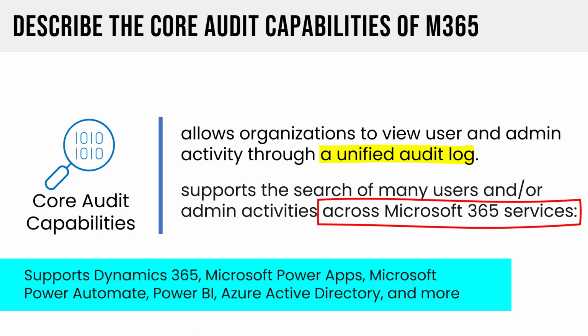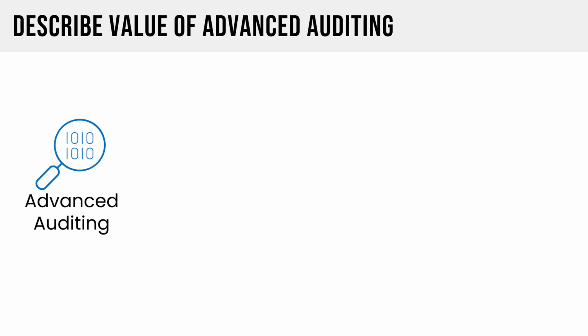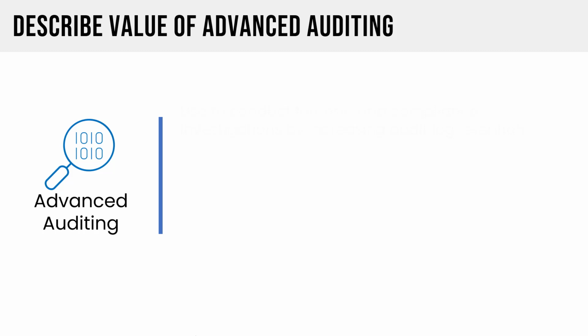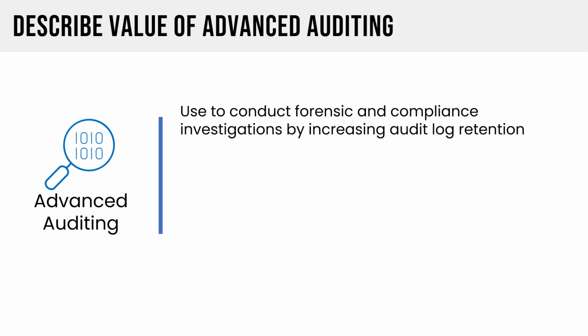I found the other day Dynamics 365 doesn't send everything over to the unified audit log out of the box, so I had to go check some additional boxes. Now there's core audit, which we're talking about here, that unified log, and then there's advanced auditing. The difference here is advanced auditing is used to conduct forensic and compliance investigations by increasing audit log retention.